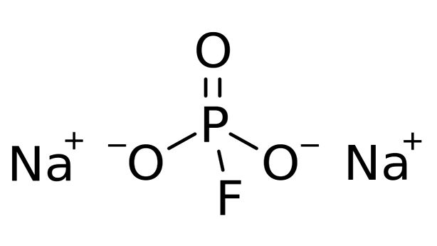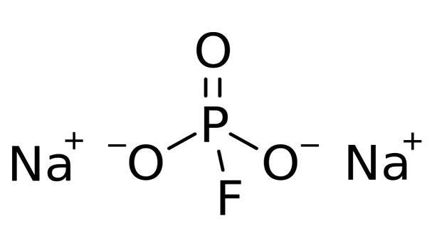Preparation and structure. Sodium monofluorophosphate is produced industrially by the reaction of sodium fluoride with sodium metaphosphate. The process involves scission of a pyrophosphate bond, analogous to hydrolysis.